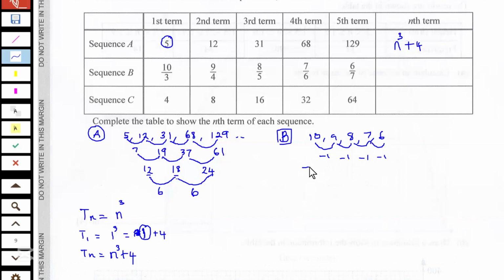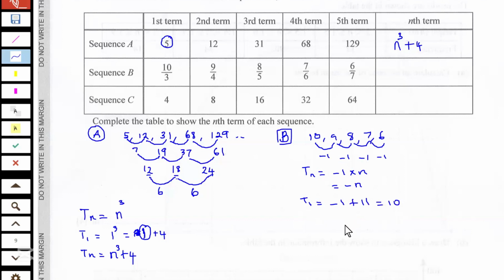So to find the nth term in this case, you multiply minus 1 by n, the position. So we have Tn, which will be minus 1 times n. That gives us negative n. So when n is equal to 1, that is T1, it is going to be just minus 1. Well, I need 10, so we have to add 11 to this to give 10.